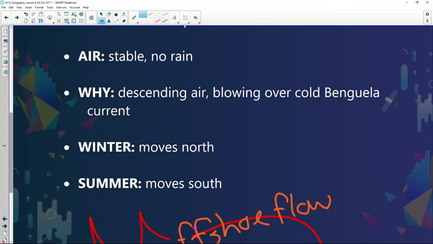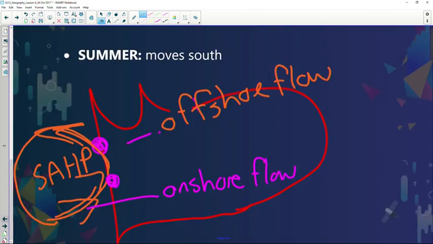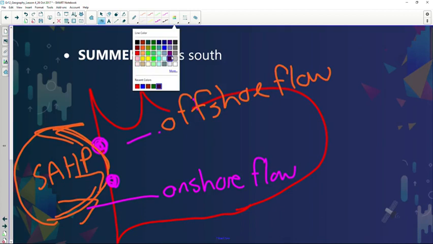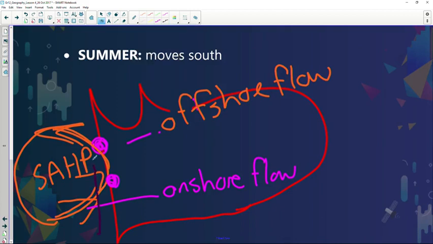And what makes it less of a chance of rain taking place on the western coast of southern Africa is because of that cold Benguela current. Now, we've already established where the South Atlantic high pressure system is. What ocean currents do we find over here?